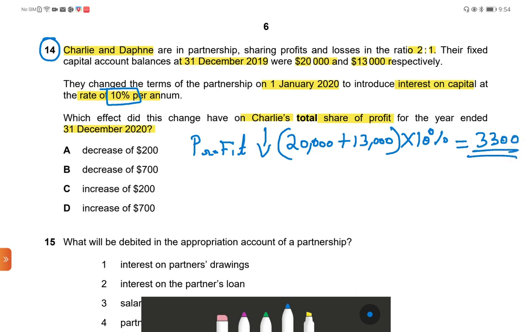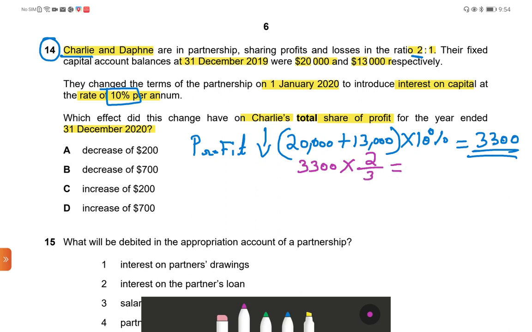So they will lose this amount. So how much will he lose? 3,300 into Charlie's ratio. Charlie is 2 by 3. So 3,300 multiplied by 2 by 3.